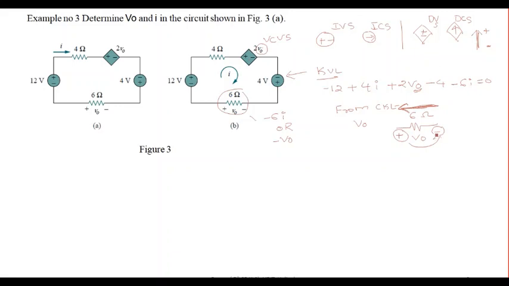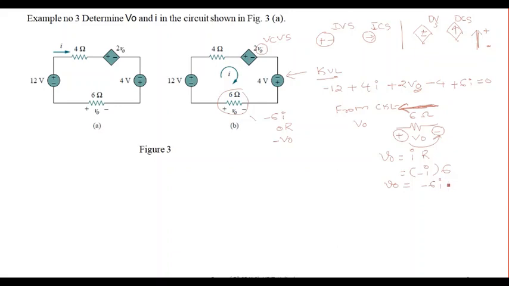So here we can have a slight modification. I can define V0 as the current multiplied by the resistor. What is the current? Current is I. It is approaching the negative terminal. So I can write minus I times 6, or V0 will be equal to minus 6I, right?